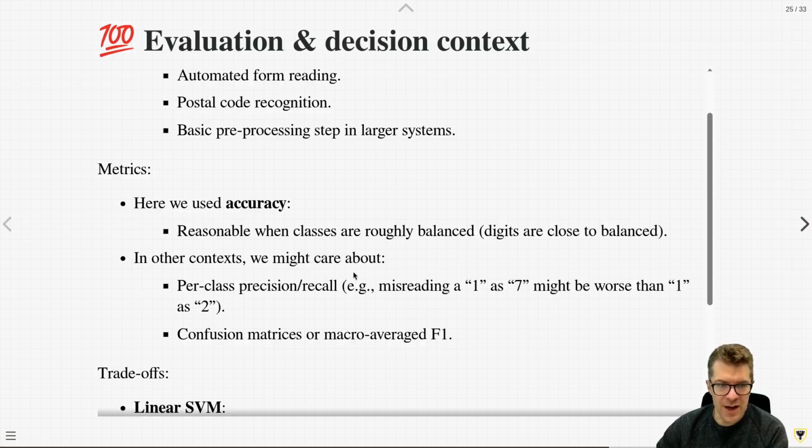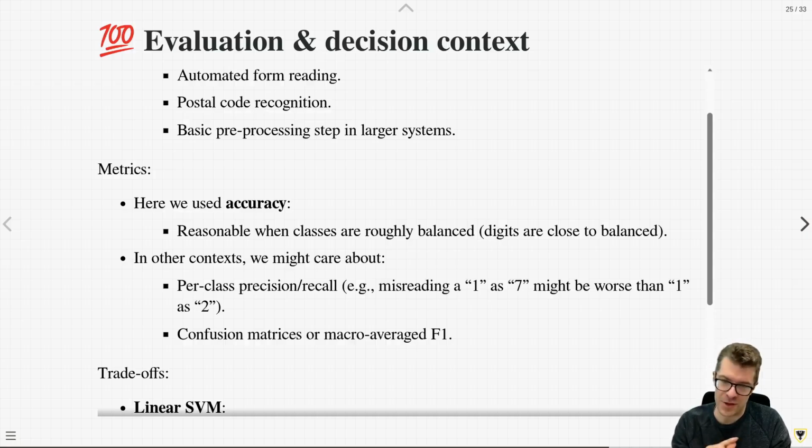In other contexts, you might care about precision and recall. So the difference between ones and sevens, we know from our domain knowledge, look somewhat similar, so given a confusion matrix, we know that these two numbers might be confused with one another. And it's going to be important for you, maybe for some reason, that misreading a 1 as a 7 might be far worse than reading a 1 as a 2.